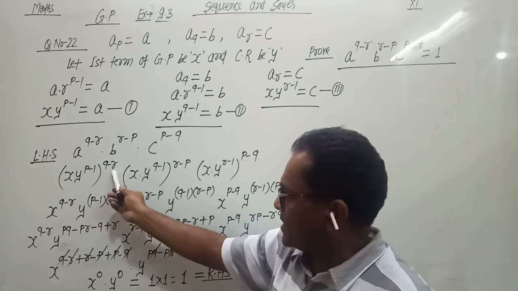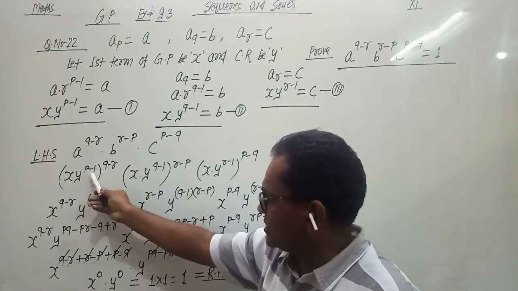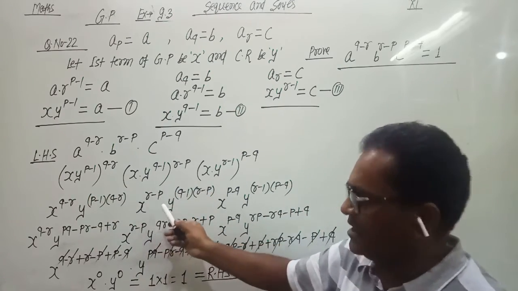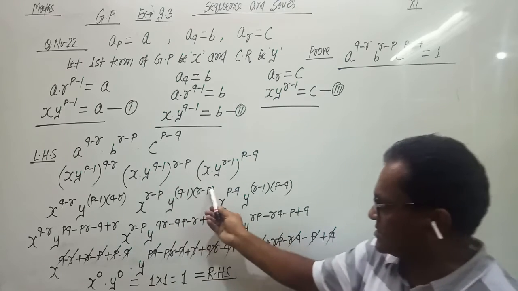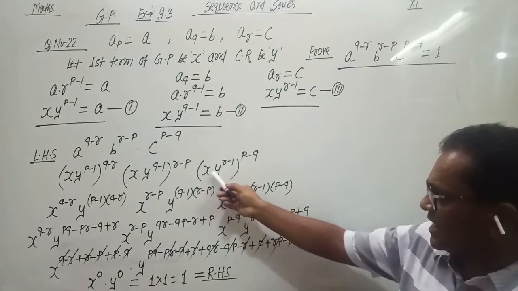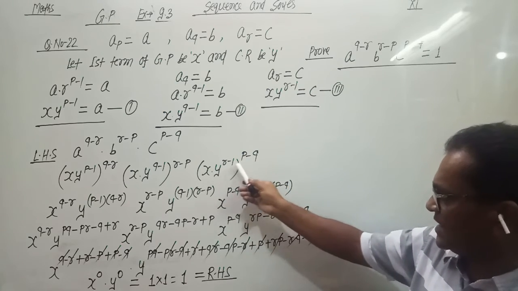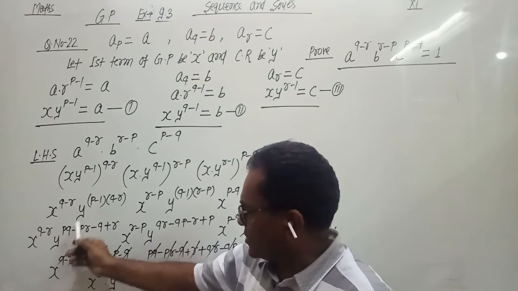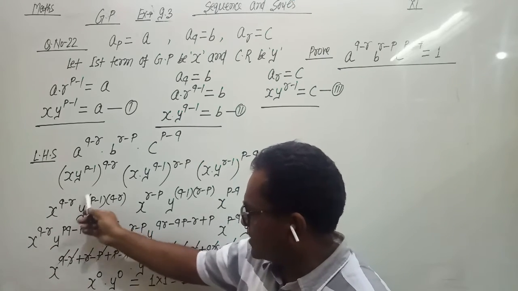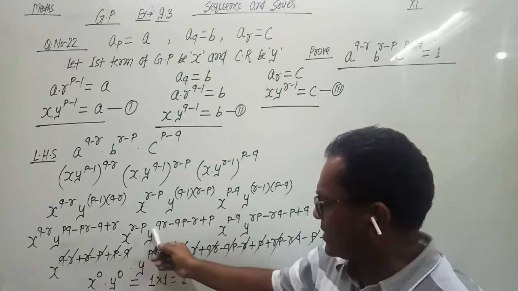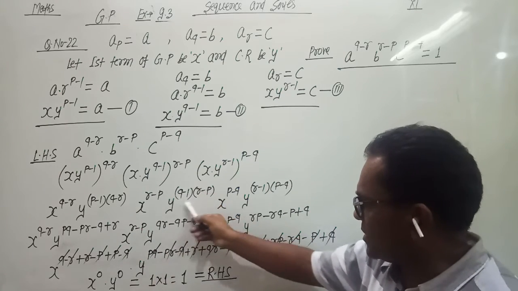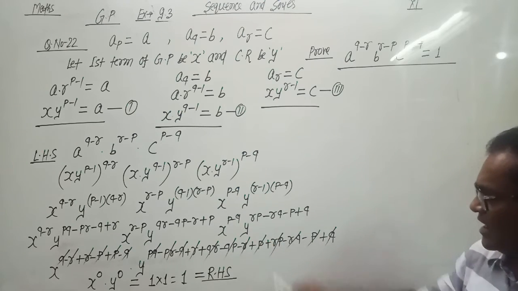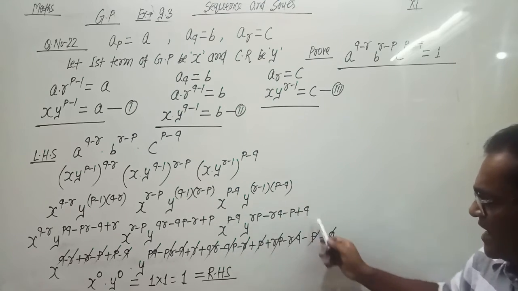Then x raised to the power q minus r into y raised to the power p minus 1 into q minus r, x raised to the power r minus p, y raised to the power q minus 1 into r minus p, into x raised to the power p minus q, y raised to the power r minus 1 into p minus q. The powers are multiplied.